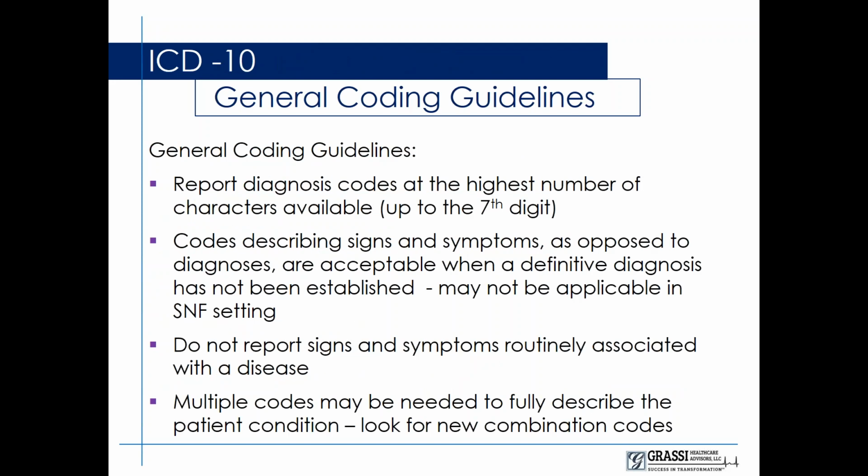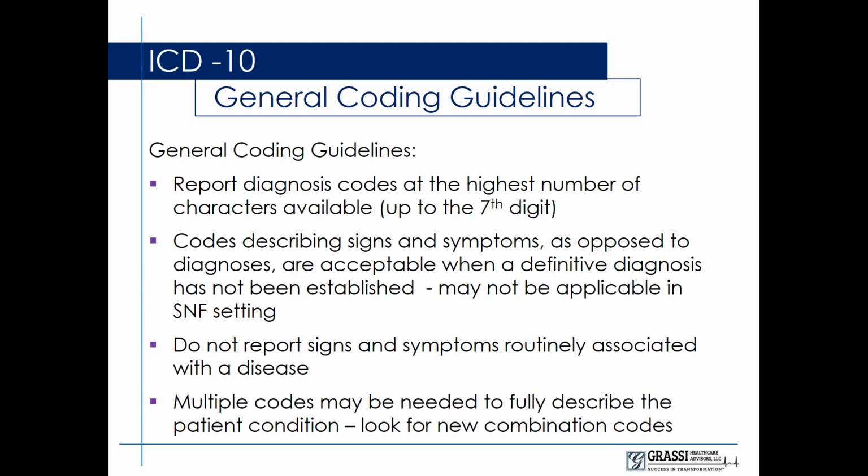So what are some general coding guidelines? In general, it's really important to make sure that diagnosis codes are always listed at the highest number of characters available, up to the 7th character if they have it. Codes that are selected, and sometimes supported, that don't have all the necessary characters are actually considered invalid codes.